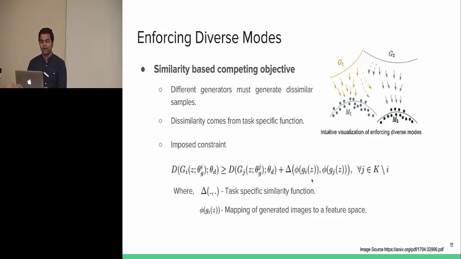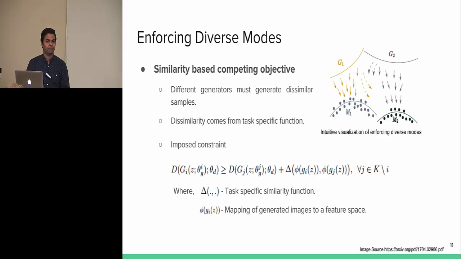These features are compared between the images generated by the ith generator and all the other generators, and if the image generated by the ith generator is very similar to the images generated by all the other generators, then you have high similarity, and that would result in a high penalty to that generator. That would increase the loss of the generator, and force it to generate different looking samples from the other generators.